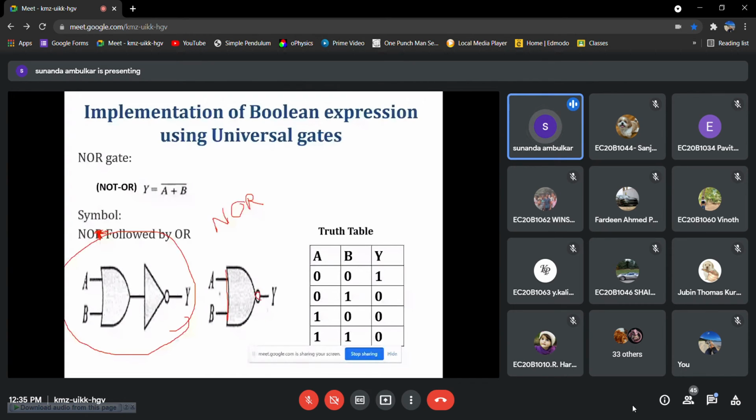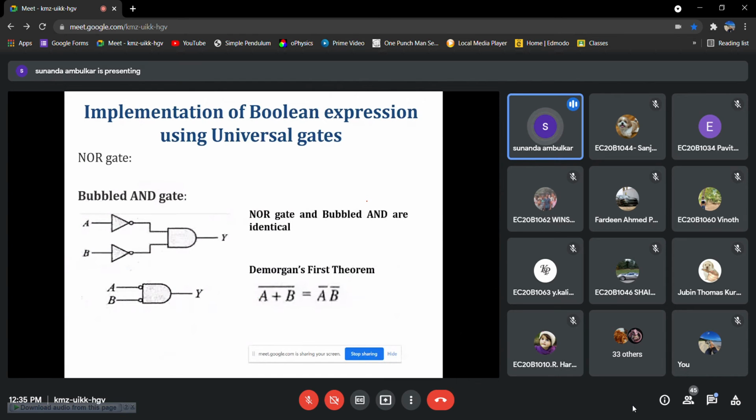So anywhere in a gate you see the bubble, it shows that inversion is involved there. So this is the simple symbol of the NOR gate. Wherever a NOR operation is involved, we will use this symbol to represent that implementation using the gates.